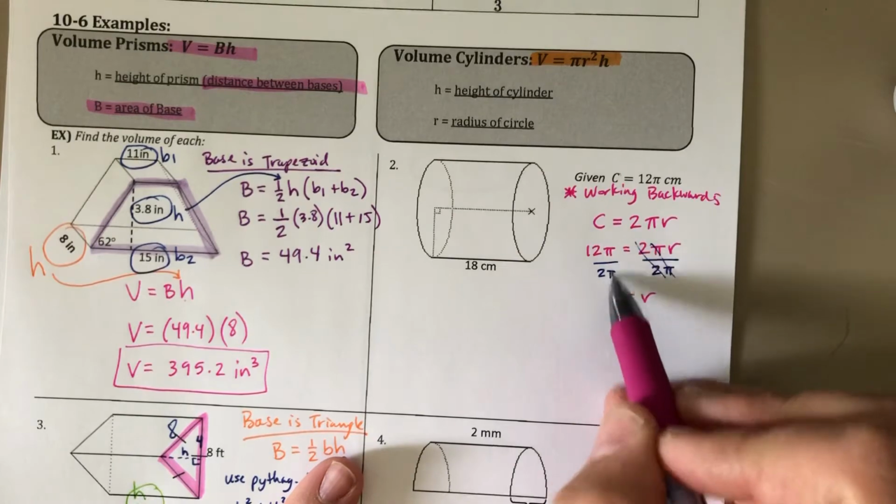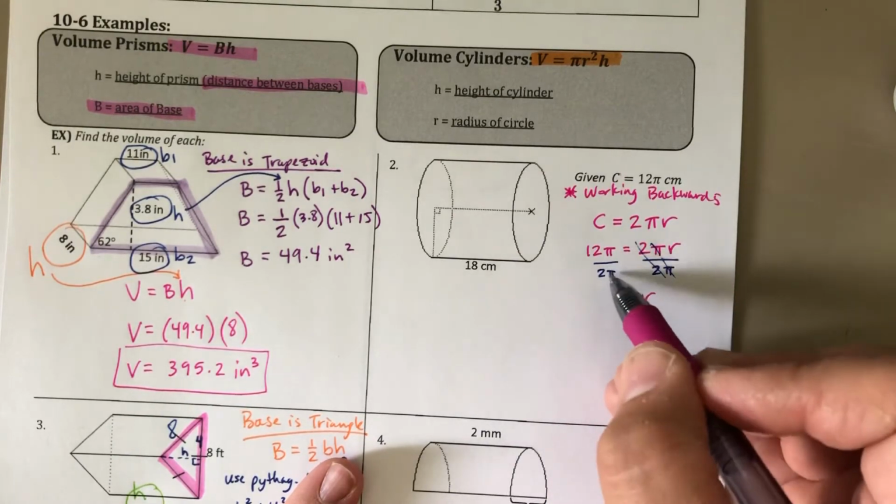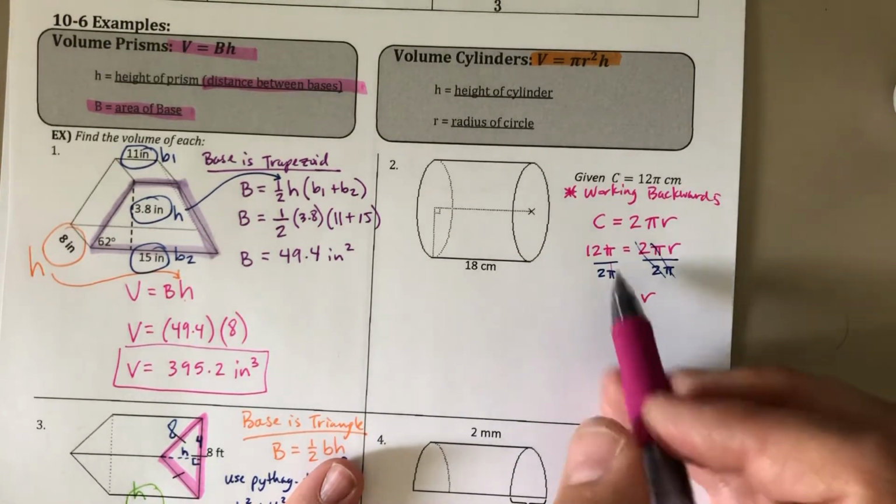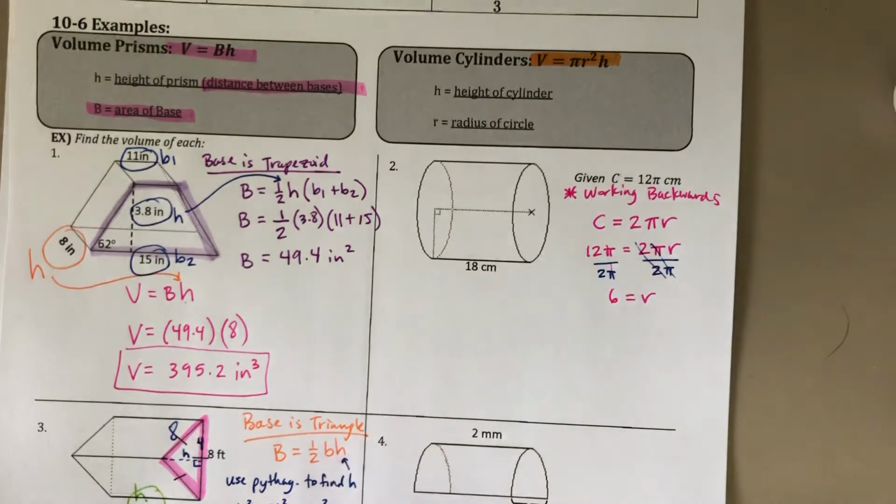And over here, the pi's will cancel also. Pi divided by pi is 1 here too. So those are gone, and then 12 divided by 2 is 6. So it looks like our radius here is going to be 6 centimeters. So there's a little bit of working backwards, given a circumference, finding the radius.